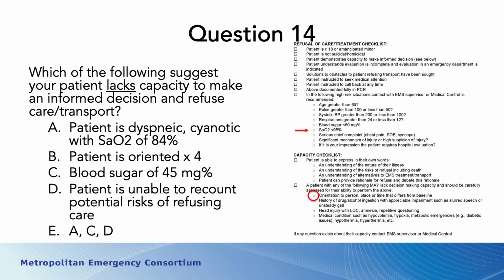A patient who is oriented to person, place, and time probably has capacity. It builds your case. But if their orientation is different from their baseline, then that would suggest they don't have capacity. Somebody who's got a blood sugar less than 60, from my perspective, definitely doesn't have capacity.